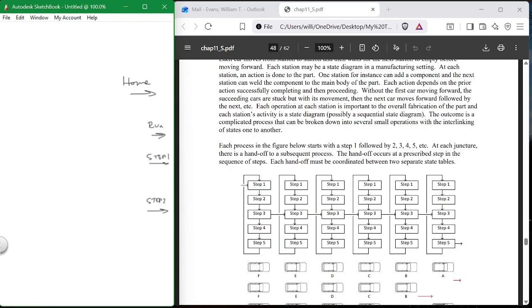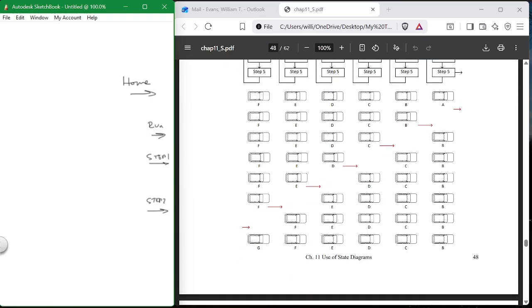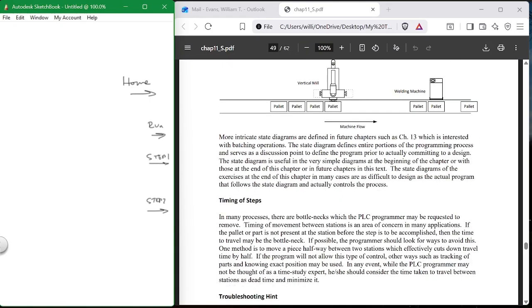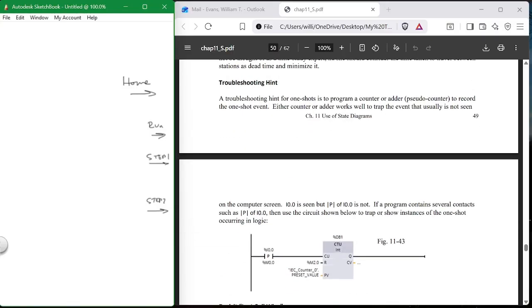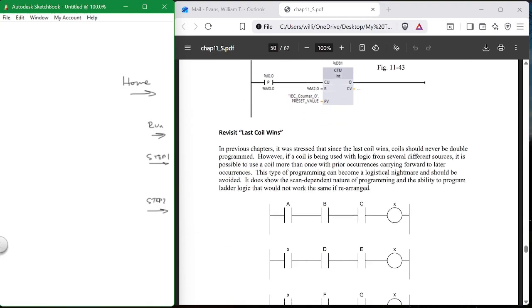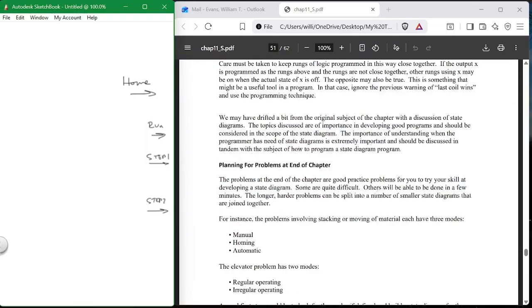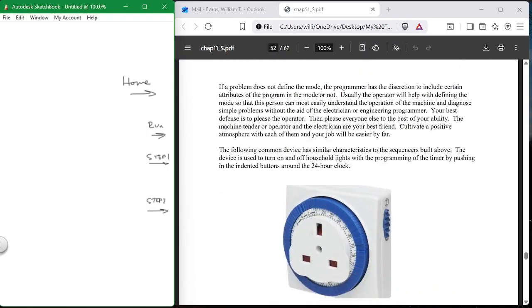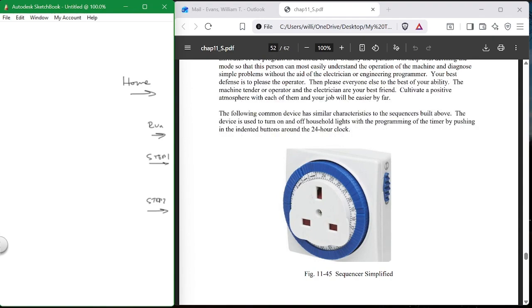And there's the state diagram for that. And there's a machine that does that very thing. Now at the end of this chapter, there's a state diagram right there.